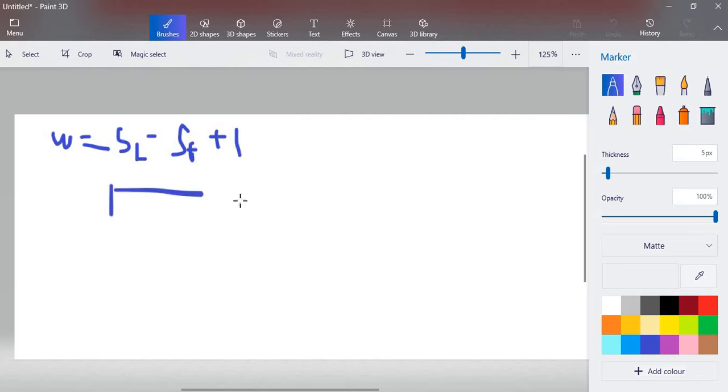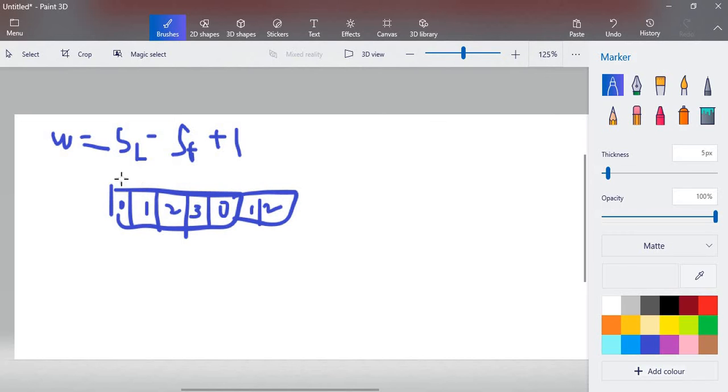In our window, we have 0, 1, 2, 3, and again the numbers are repeated, so it is 0 again, 1, 2, like that the frames go on. We have a window like this. The first element of the window is denoted by the variable SF.